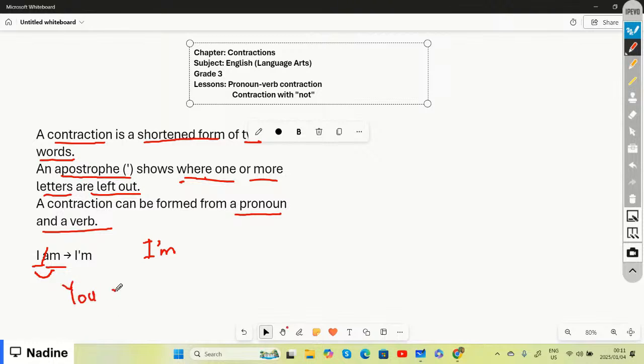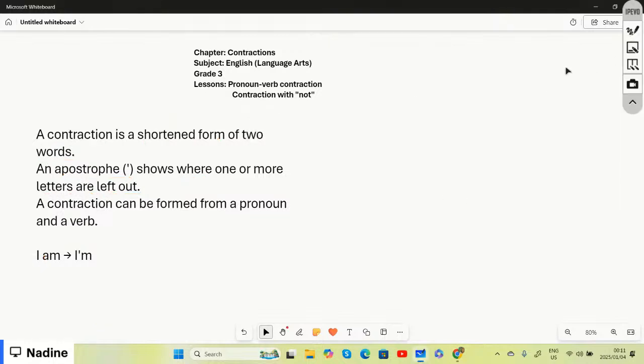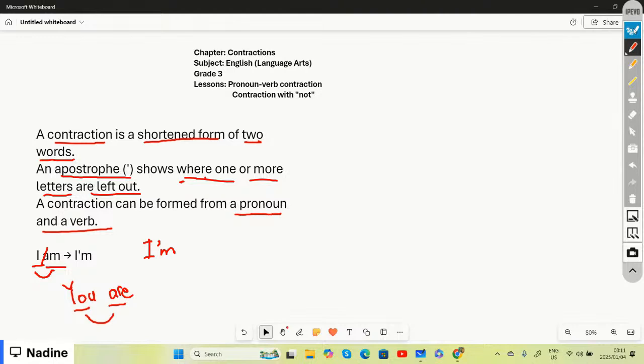you are. Look at the words you are. You is our pronoun, are is our verb. We need to shorten the verb by putting those two words together, so it is going to be one shortened word. So, if we have the example you are, the pronoun will stay the same, which is you.